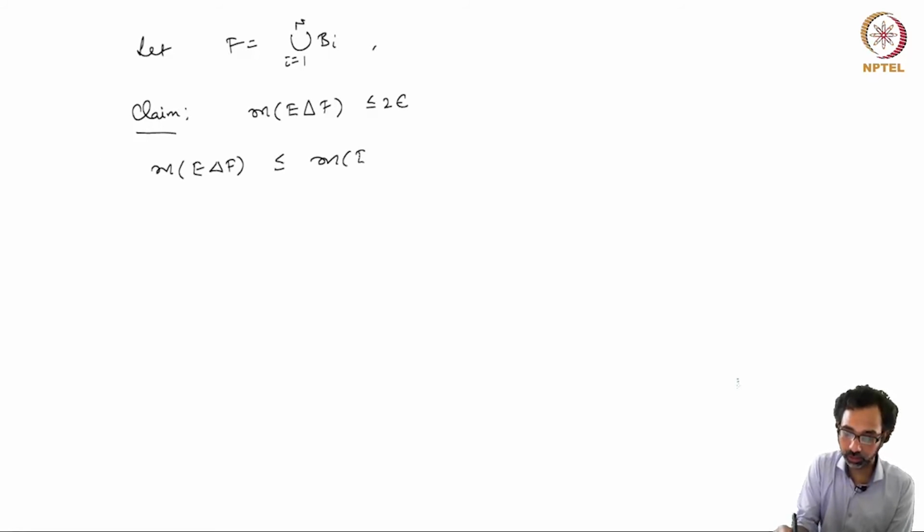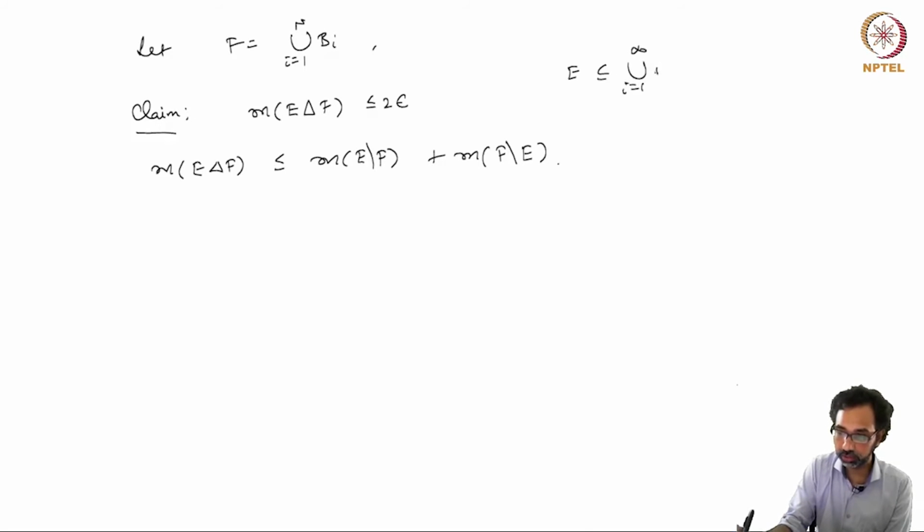The measure of the symmetric difference is less than or equal to the measure of E minus F plus the measure of F minus E. Note that E was covered by these boxes Bi, and so when you leave out finitely many boxes, F being this finite union from 1 to n, then E minus F is a subset of the union i equal to n plus 1 to infinity of Bi.